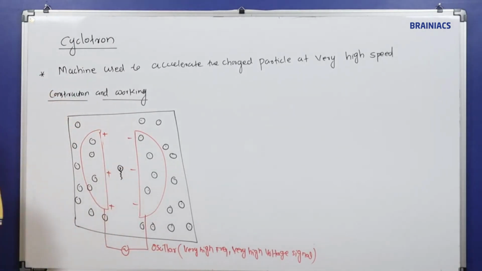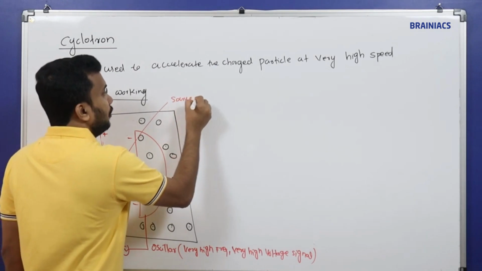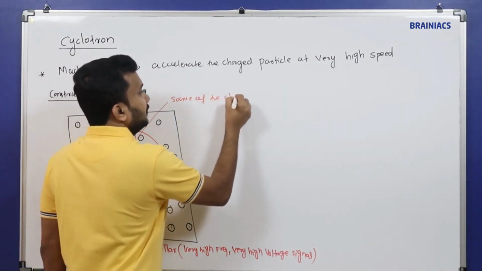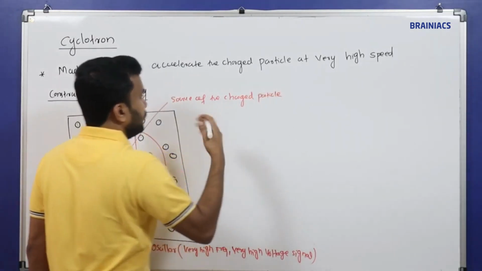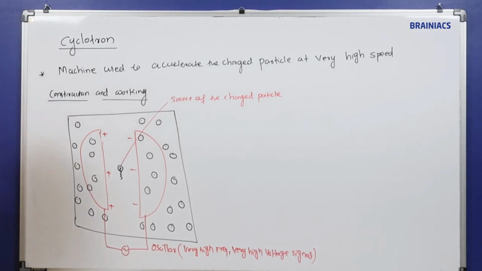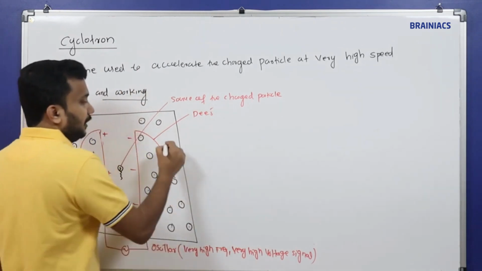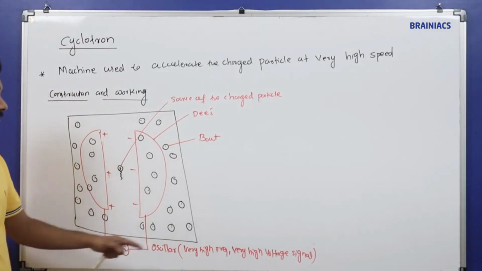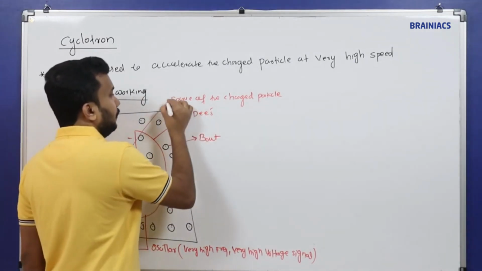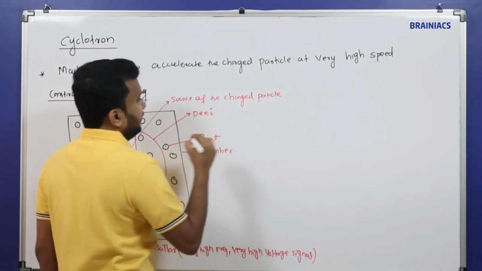This is the source of the charged particles. The source will be producing charged particles. These are called Ds, these are the magnetic fields coming outside, this is the oscillator, and this is called a chamber. So all the parts will be there.